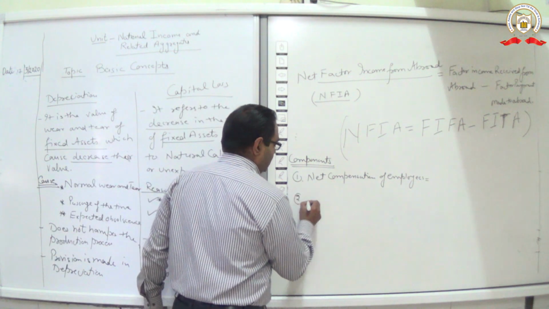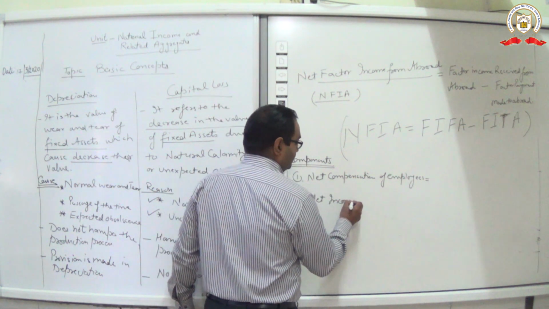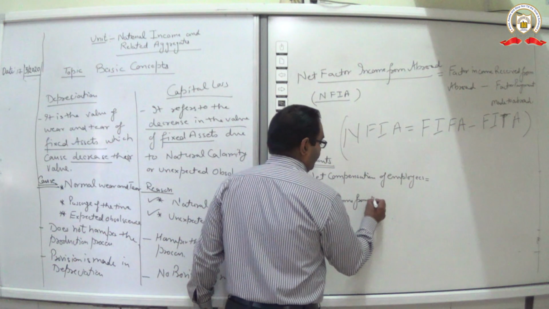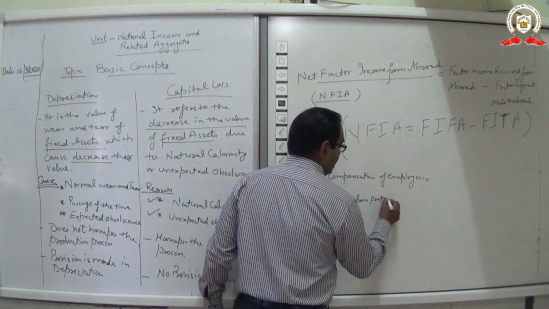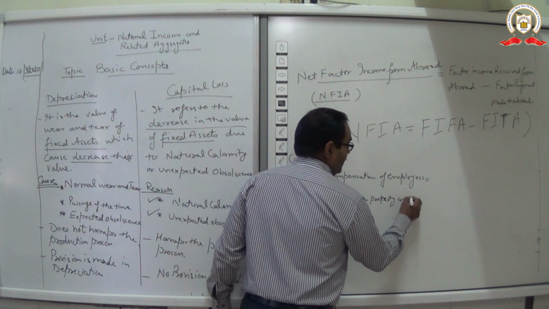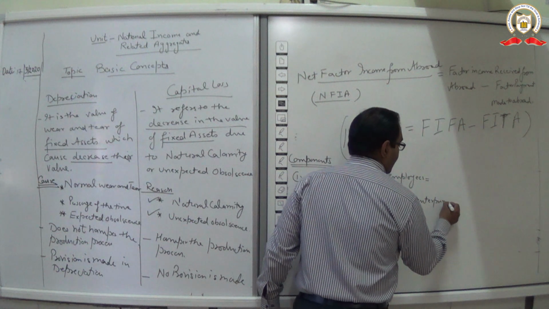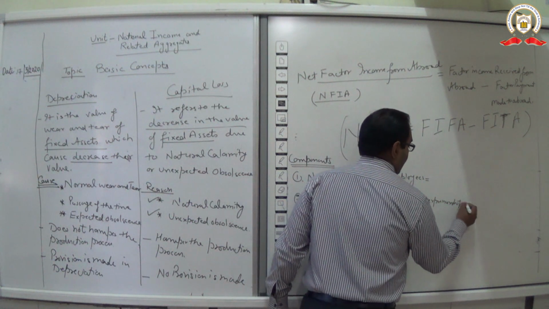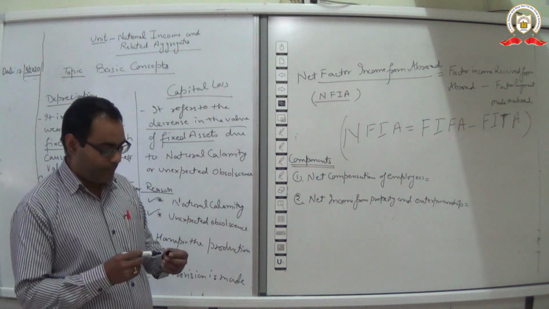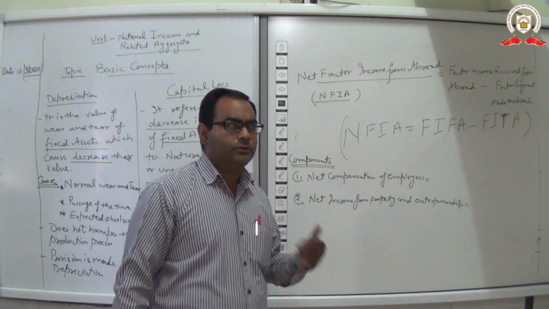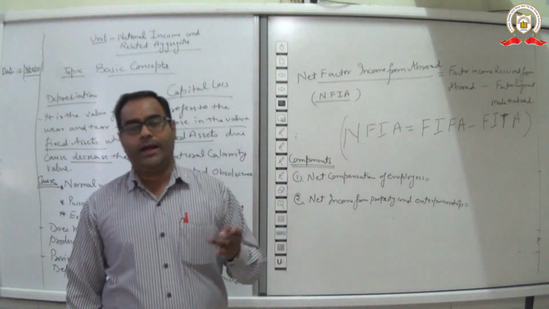Second, net income from property and entrepreneurship. Well, net income from property and entrepreneurship includes basic terms: rent, interest, royalty and profit.